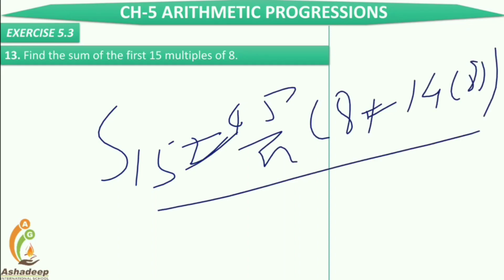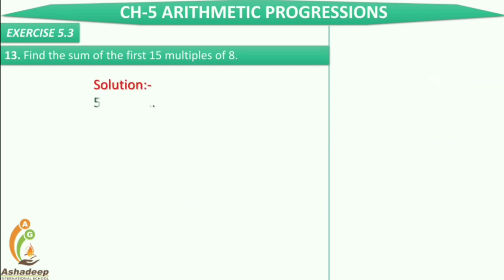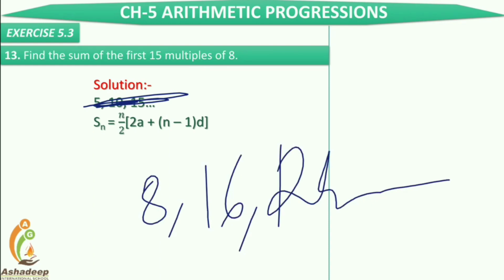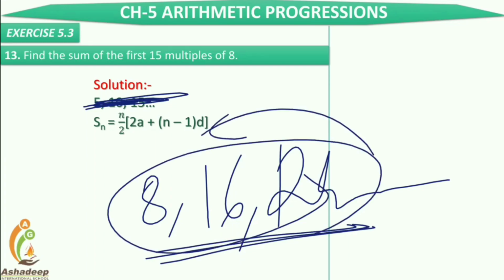You can just simplify this and you will get the answer. Multiple of 8 means 8, 16, 24, and goes on and on. Don't consider the other series, consider this series, and from this series put in the formula.